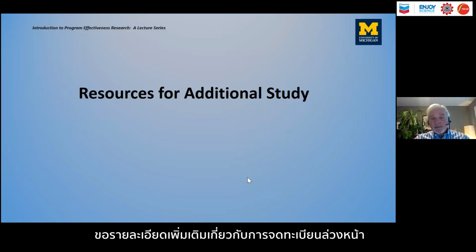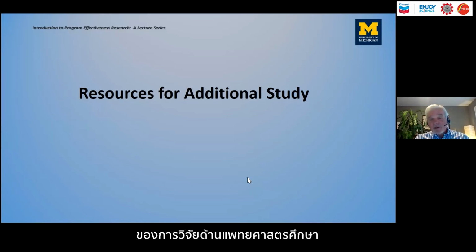More details about pre-registration of a study in medical education. If I was in a medical school, I would consult my colleagues.